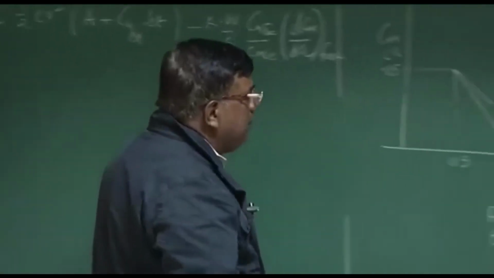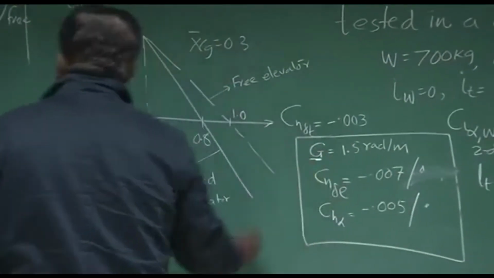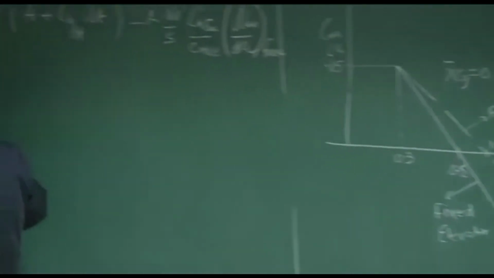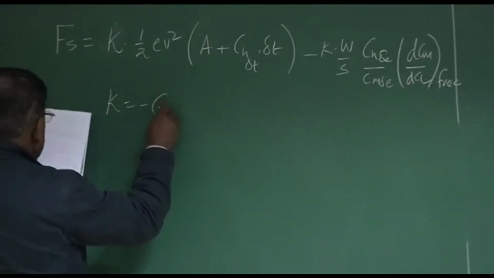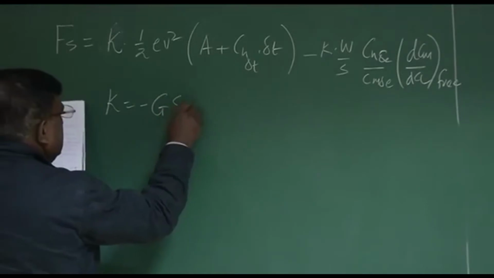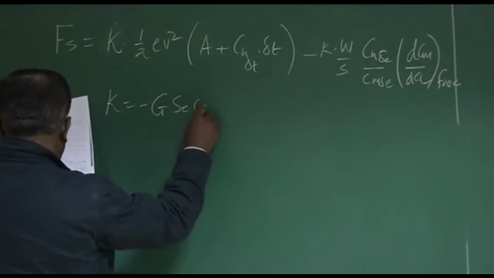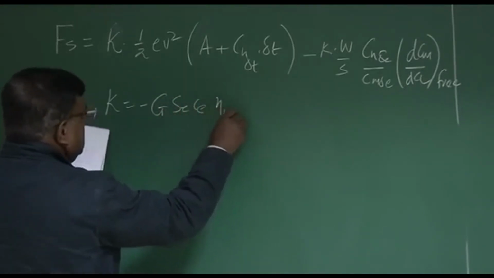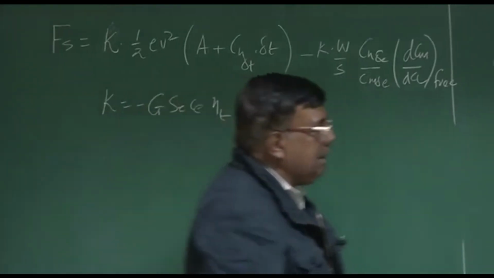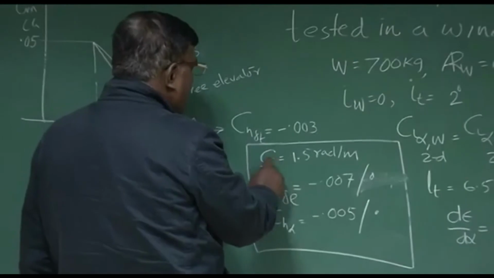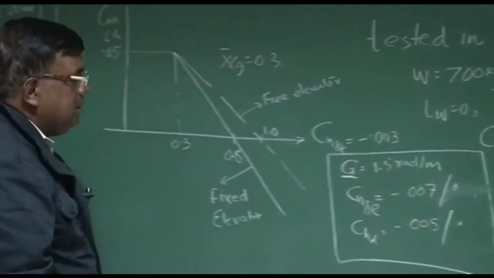Now see, what was G here? G is hiding where in this expression? If you remember, the K was given as minus G AC CE eta T. What was G? G is the gearing constant, and that is exactly the G we're talking about, 1.5 radian per meter.